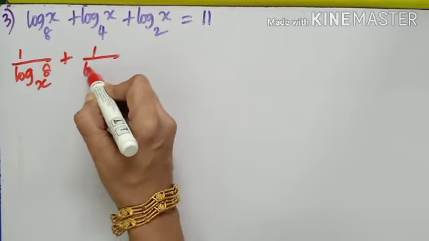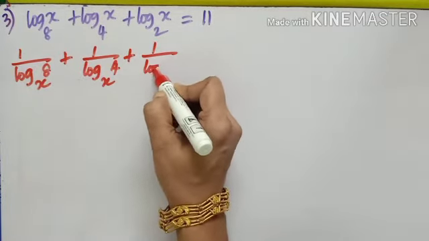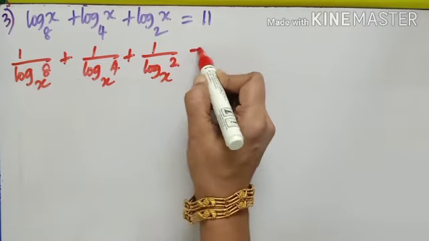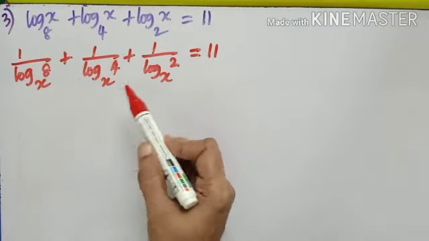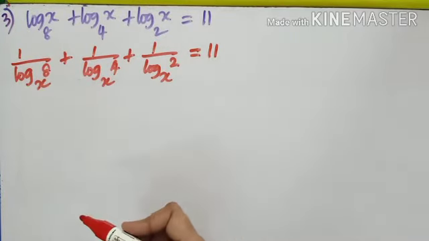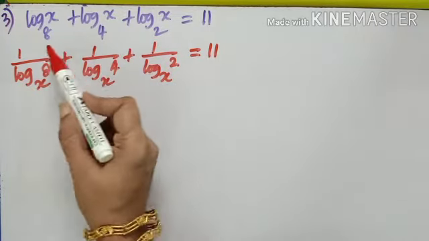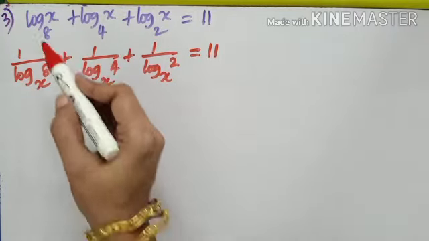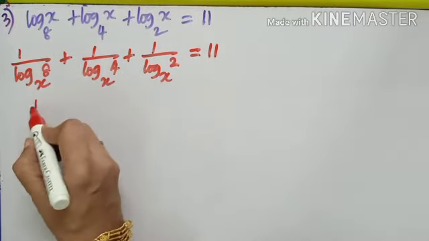Same way, 1 by log 4 base x, 1 by log 2 base x equals 11. So we have tried to bring the same base so that we can apply the rules. Here the bases are different, I cannot use any of the rules. So bring x as the base so that we can simplify.